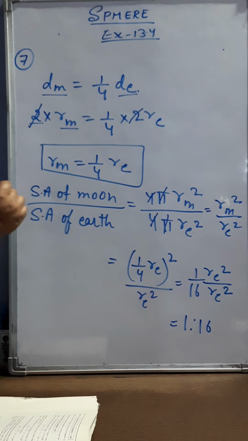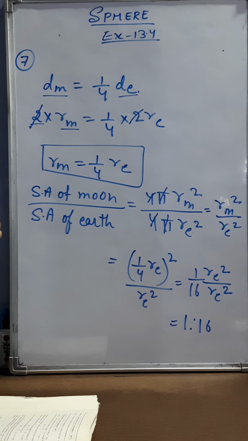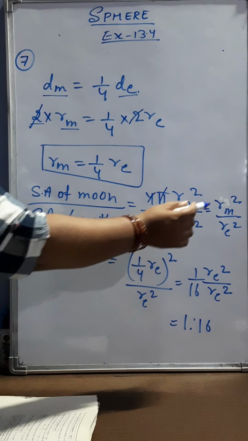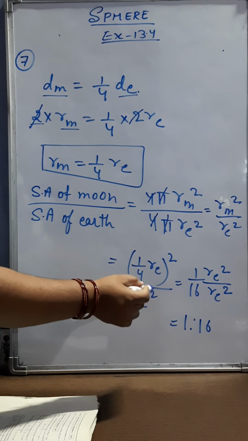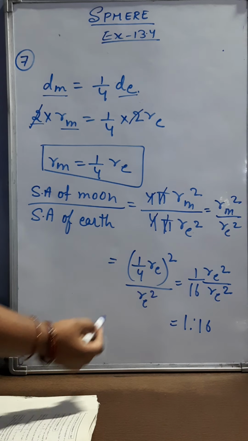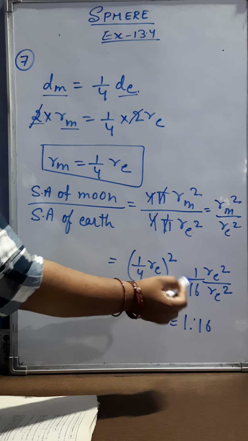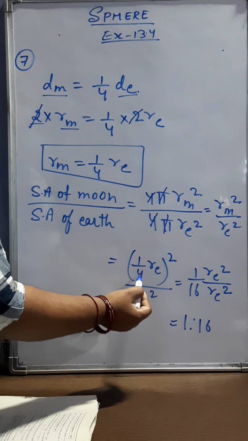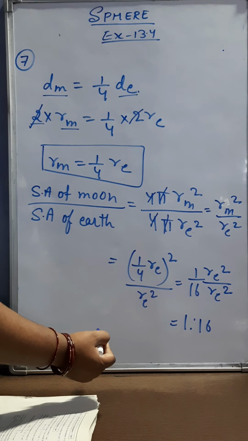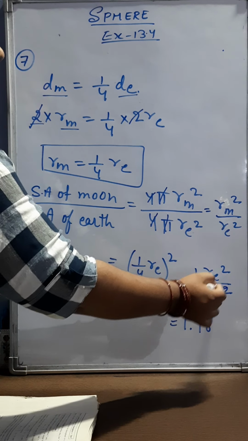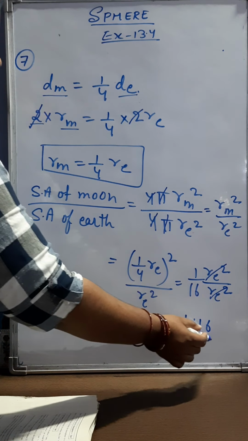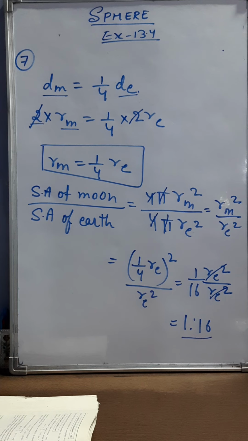Radius of moon, which we have just calculated, is 1/4 of radius of earth, which we can substitute in place of radius of moon. It will become 1/4 of radius of earth, square, divided by radius of earth square. So 1/4 into 1/4 is 1/16 radius of earth. This 16 will come in the denominator, and in the denominator we have radius of earth whole square, which can get cancelled, and we are left with the ratio 1:16.